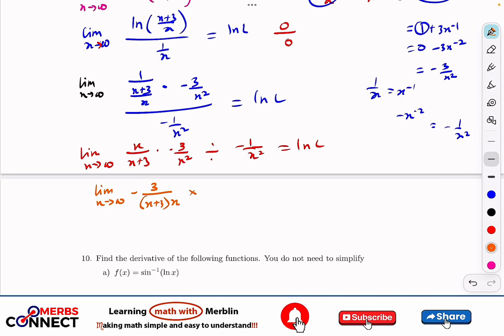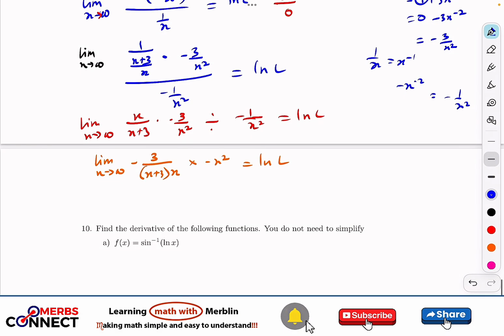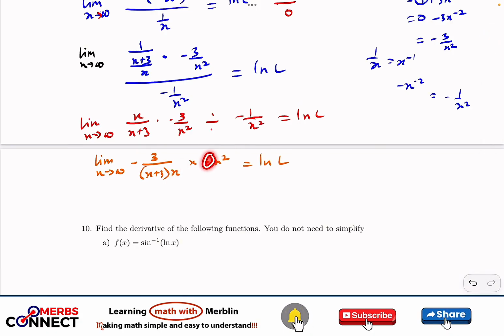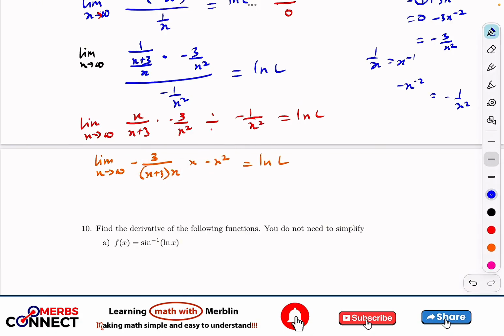Then I can change the division to multiplication and have it be minus x squared, and this is equal to the natural log of L. Now I can cancel one of the x again, and the minus will cancel the minus. So I'm going to have limit x approaching positive infinity of 3x divided by x plus 3, which is equal to this.